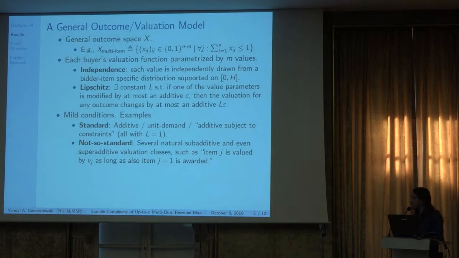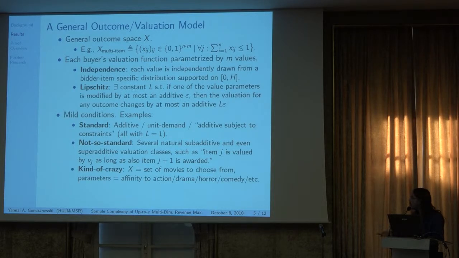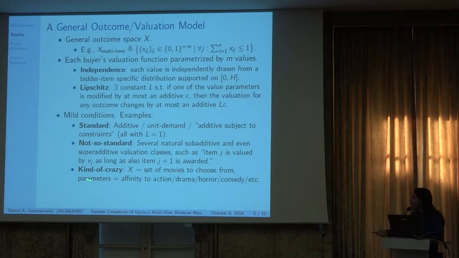They even encapsulate not so standard stuff like several natural sub-additive and even super-additive valuations, such as the right shoe is going to be valued by V_j as long as I also get the left shoe, otherwise it's worthless to me. And also kind of crazy stuff like X, the outcome space, being the set of movies we have to choose from, and the parameters are my affinity to action films, drama films, horror films, comedy films.